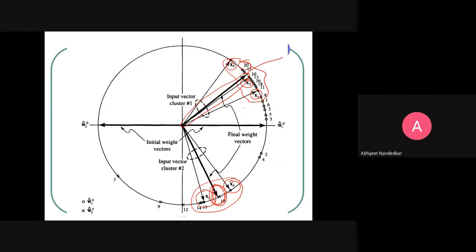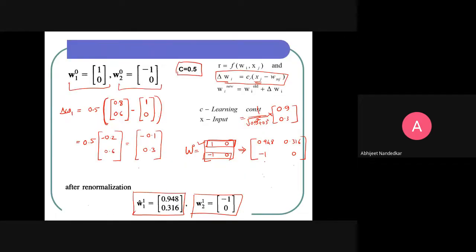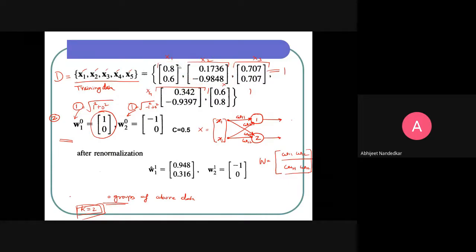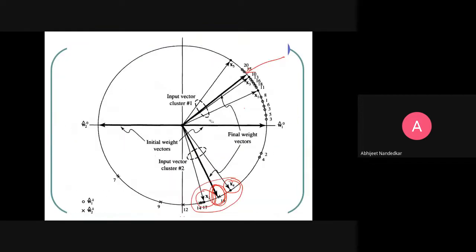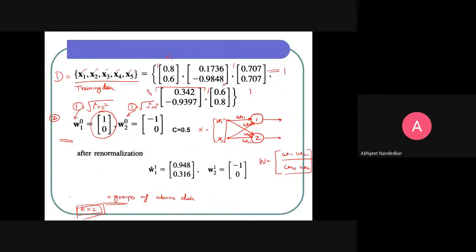And this vector, which is neuron number 1, is representing 3 patterns, that is x1, x3 and x5. Now you can look at these samples and compare with this diagram. Now we are in group x1, x3, x5. So let us see what x1, x3, x5 are. This is x1, this is x3 and x5.